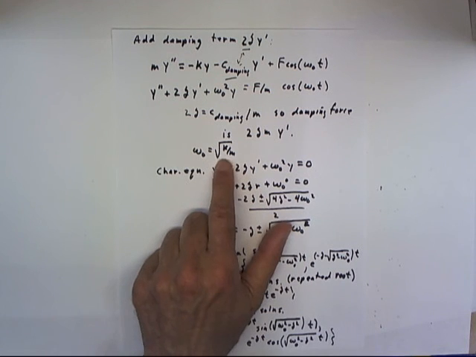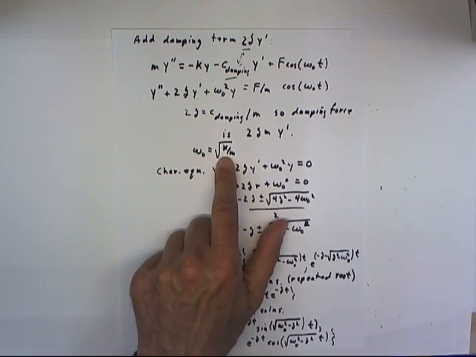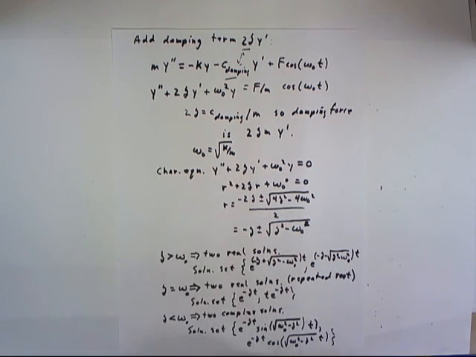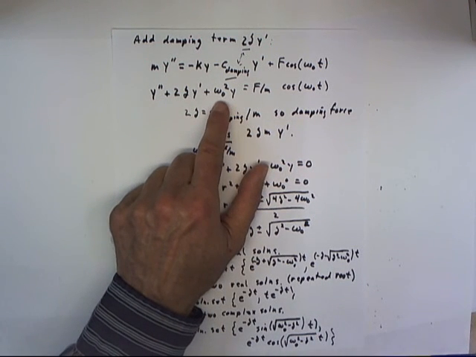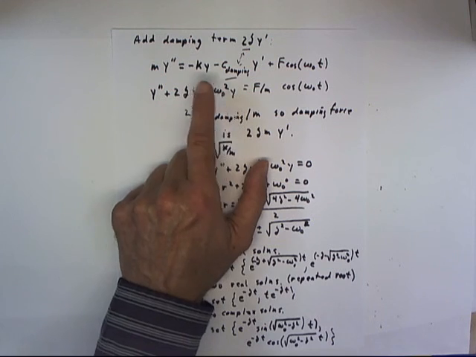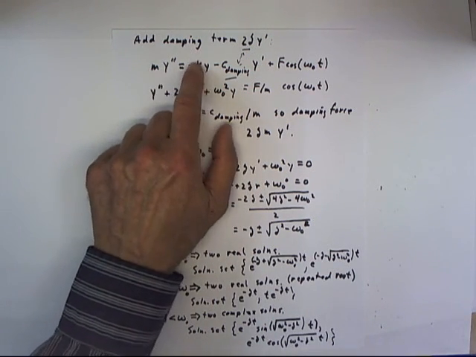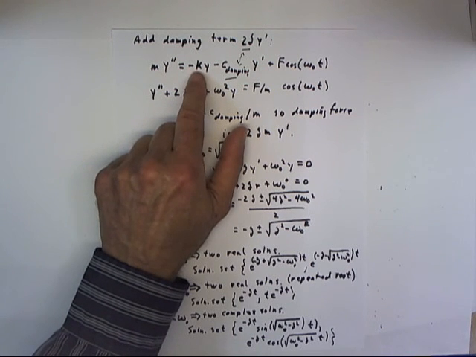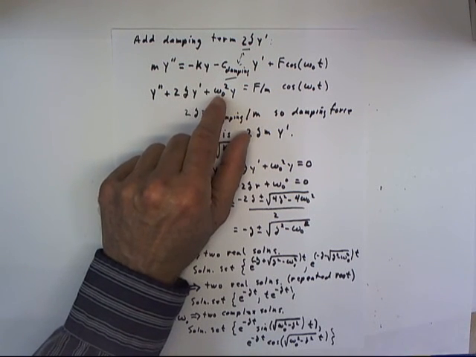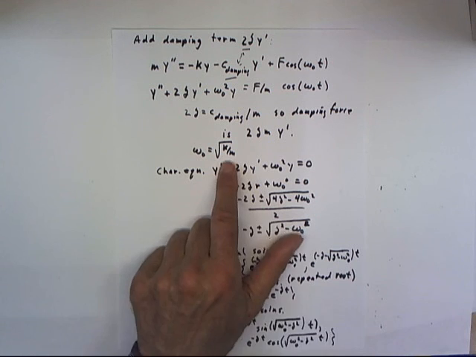In any case, and as we've seen before, omega naught is the square root of k over m. So that instead of k over m in front of the y, and of course again if we divide by the m we get the k over m. Instead of a k over m in front of y here, we're going to call it omega naught squared.